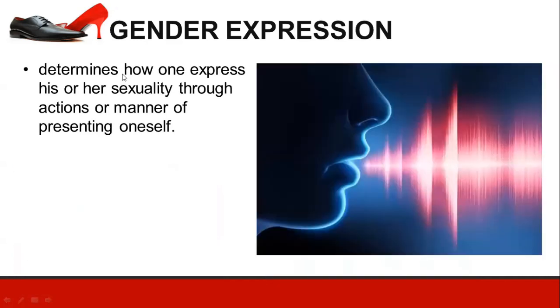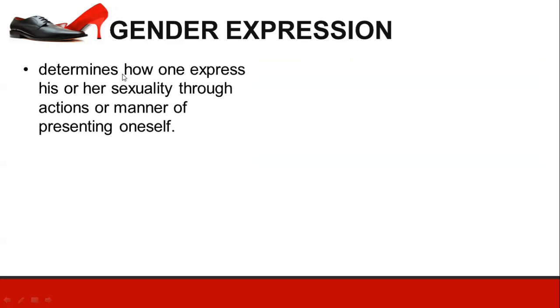Also, the voice, and some people alter their voice, lalo na yung mga tao na nag-out na on their shells, diba? Some of them pinapalambot nila yung boses nila, or mas pinapalaki nila yung boses nila to express themselves. That is also one part.